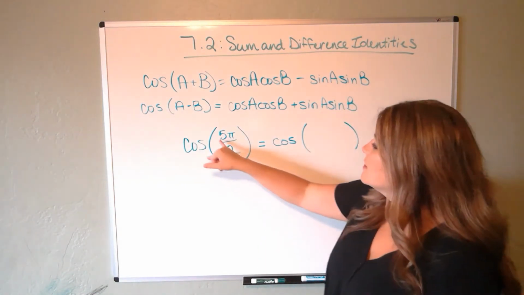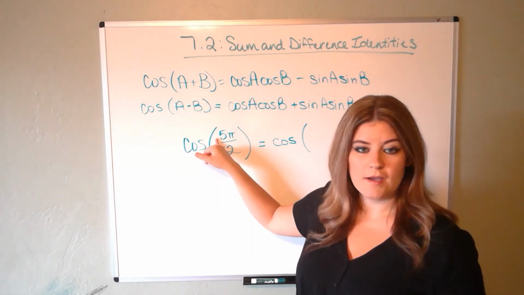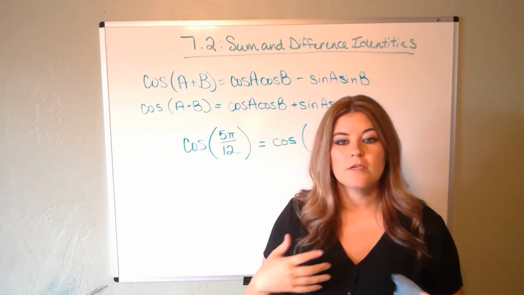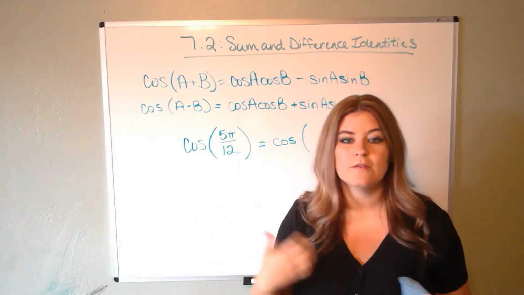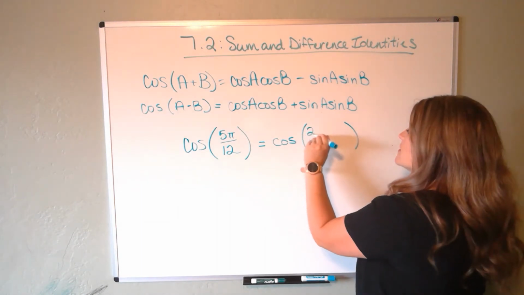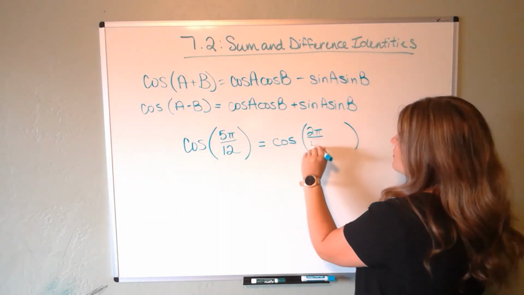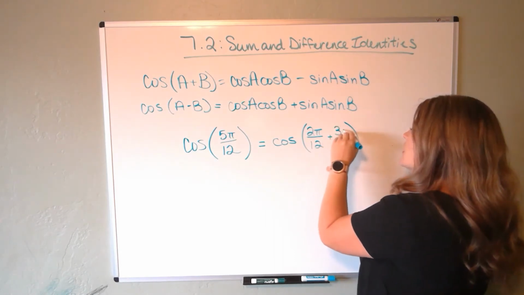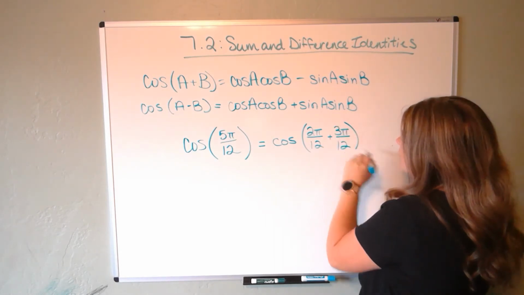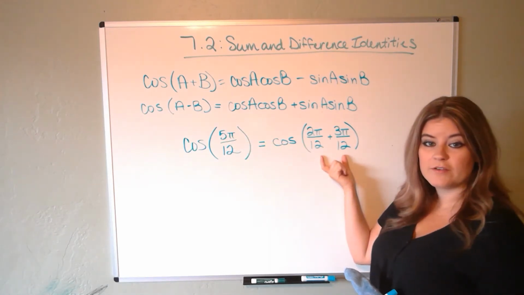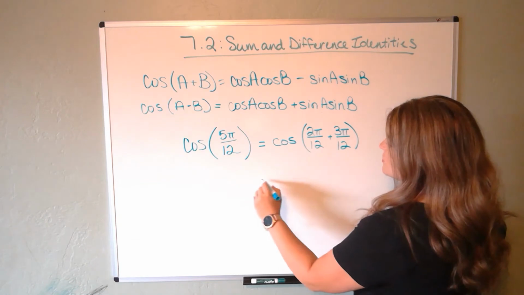You guys, I've got 5 pi on top. I'm going to think about breaking that 5 pi apart. So it's going to be something plus something or something minus something. The way I would break this one apart is instead of just saying 5 pi over 12, I would write this as 2 pi over 12 plus 3 pi over 12. So notice all I did was I broke apart the 5. And what do I have here now? Well, what is 2 pi over 12?